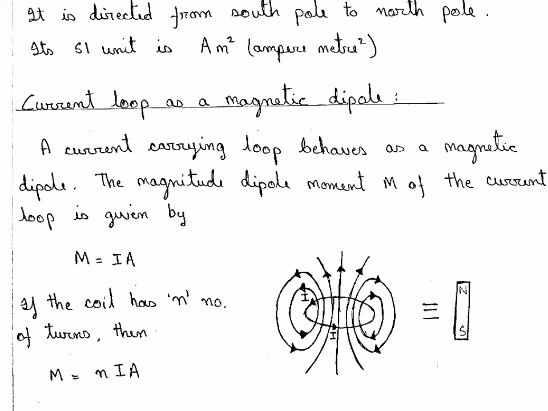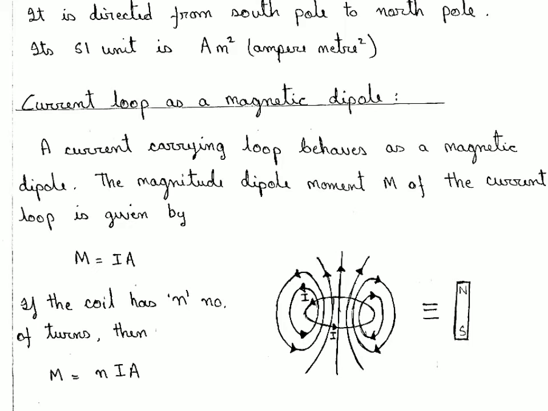And if the loop or the coil has n number of turns, then m is equal to nIA. We have seen this quantity m is equal to nIA in the last lecture, in the torque experienced by the current loop. So here this m is equal to nIA.